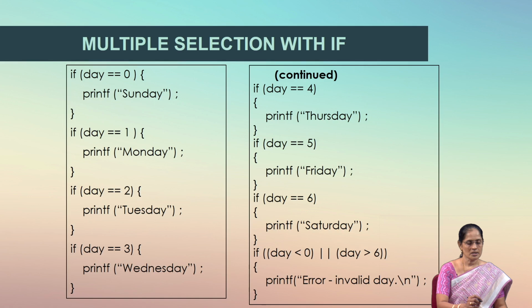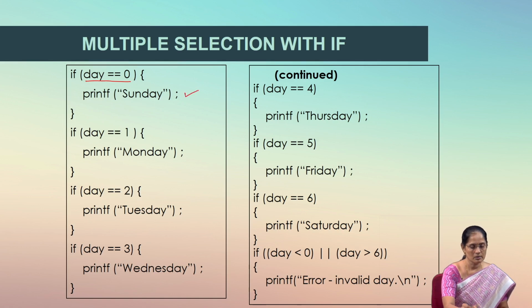In this example, we are considering an integer variable named day. The day's value is compared with 0 using the equality operator. So, the output can only be a binary value, either the condition is true or false. If the condition is true, we print Sunday.